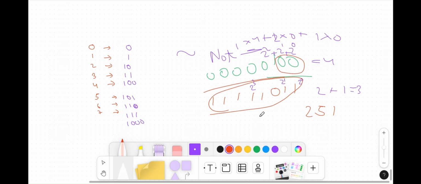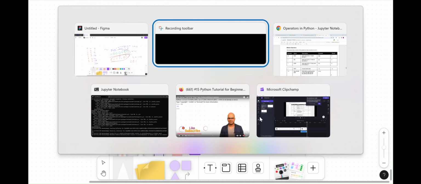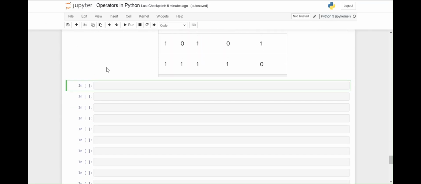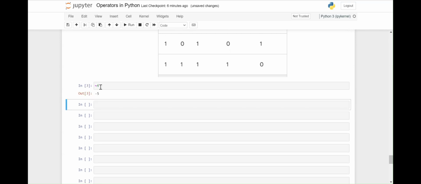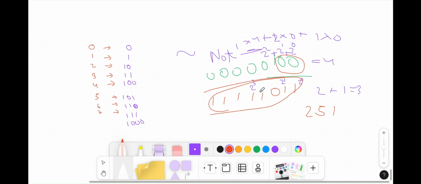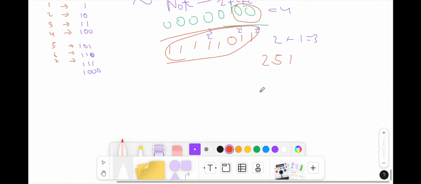But you'll see what output we get. Let's do it on the Jupyter Notebook. This is the operation we're doing. So we get -5. Let me tell you how this output that we got is correct.